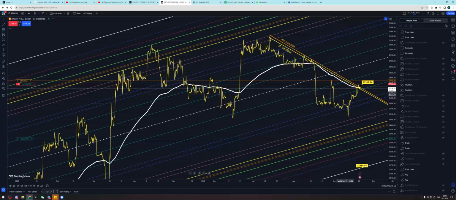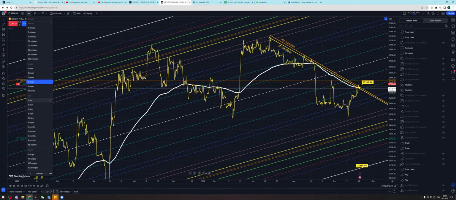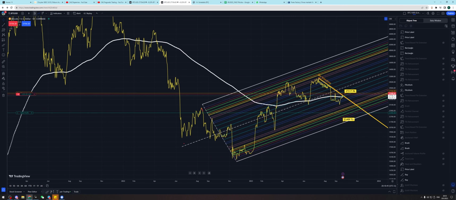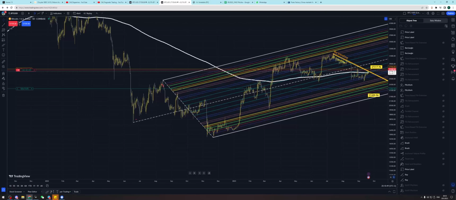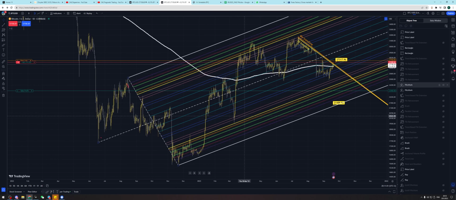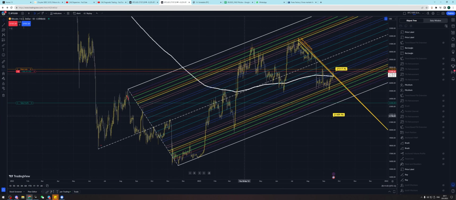So what is this? This is a macro pitchfork. If I open the daily chart, you will see that we've got this pitchfork on 21st of November 2022. That's more than 10 months ago, right? So this is a macro pitchfork. It's really big. You can see it was respected fairly enough, both on log and on non-log chart.